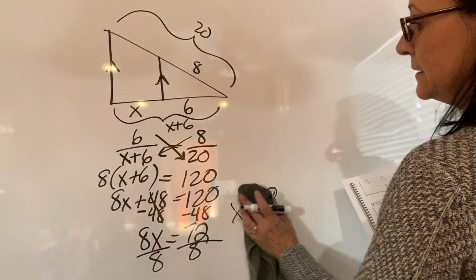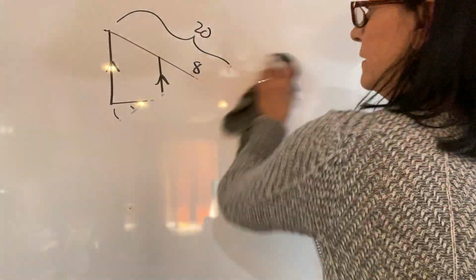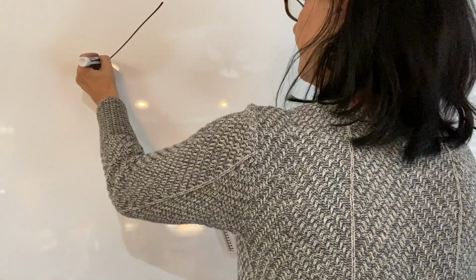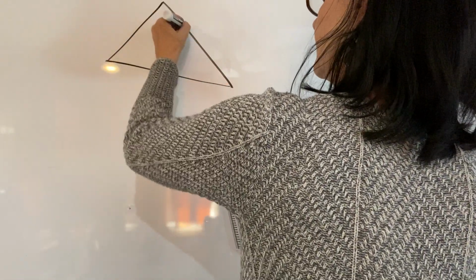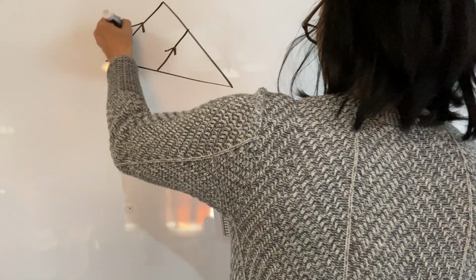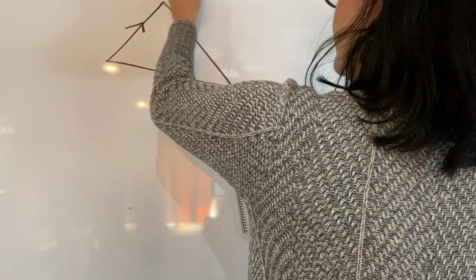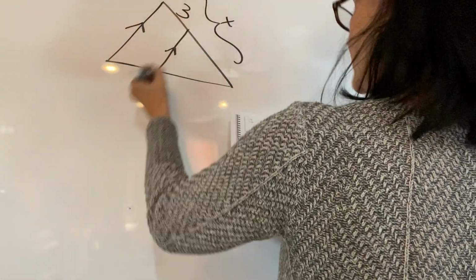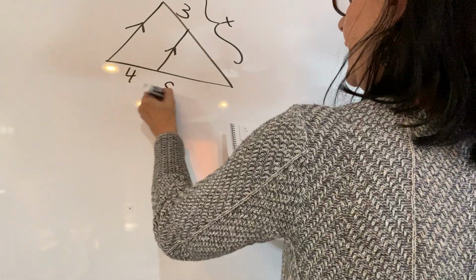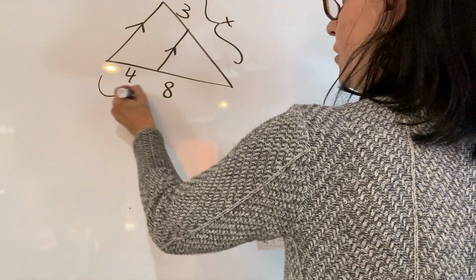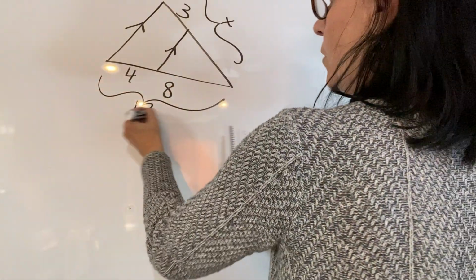It's all side splitter theorem. 3. The whole length here is x. This is 4 and 8. But I need the whole length, which is 12.